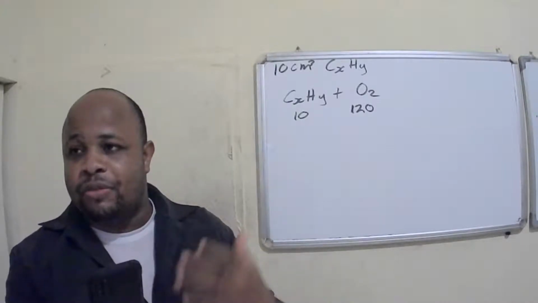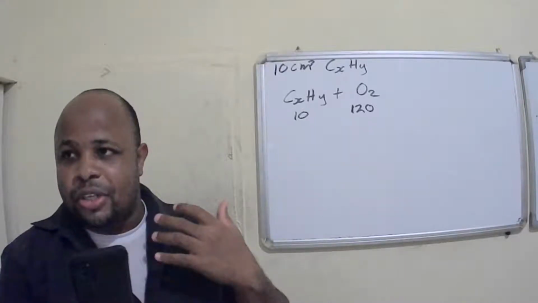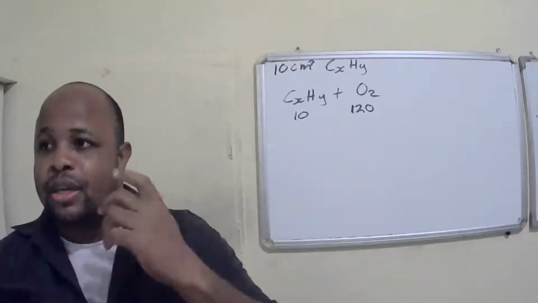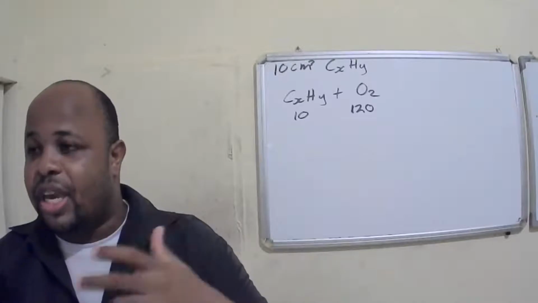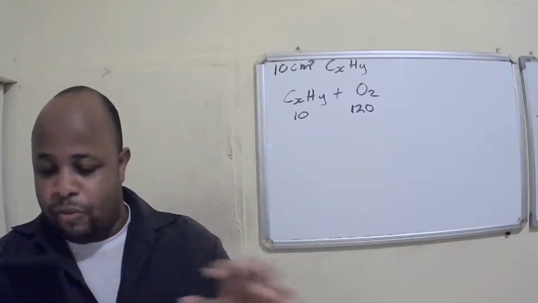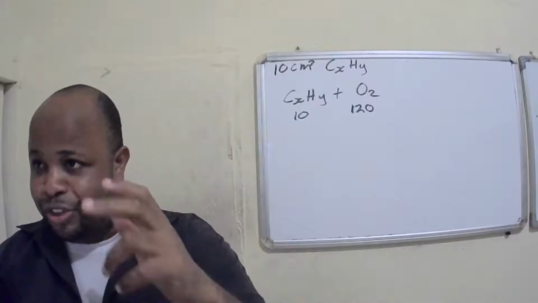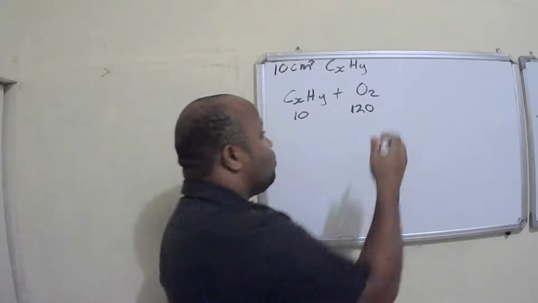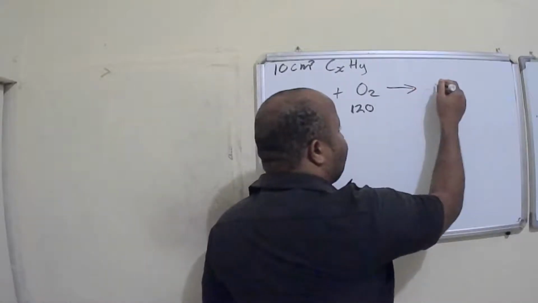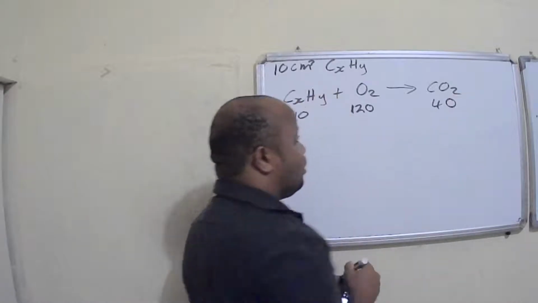They could have said it was oxygen, but they just tell you that it was reduced to 60. The important part is that KOH removes the CO2. So after the explosion it was 100 and it dropped to 60, so the CO2 formed would be 40.